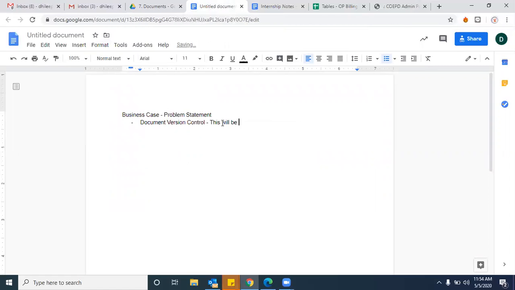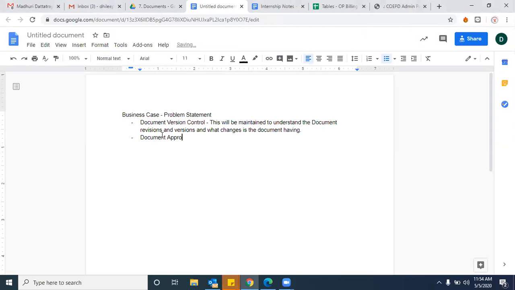This will be maintained to understand the document revisions and versions, and what changes the document is having. Okay, document version control.